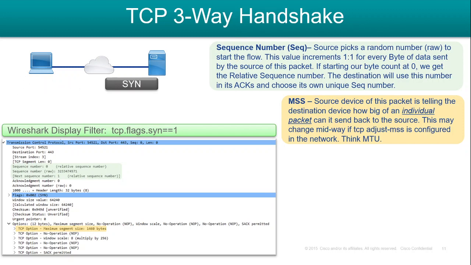That is not to say how many continuous packets we can send, but instead, for any one individual packet, what's the largest that it can be. And so here we have the source device telling the destination how large the packets can be. So in this instance, our server here will send a packet that is no larger than 1460 payload bytes.